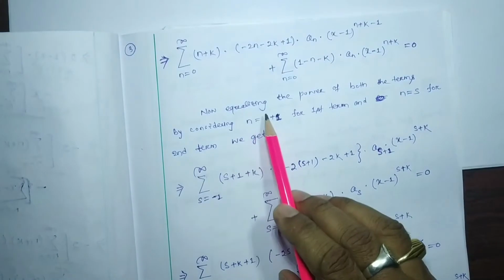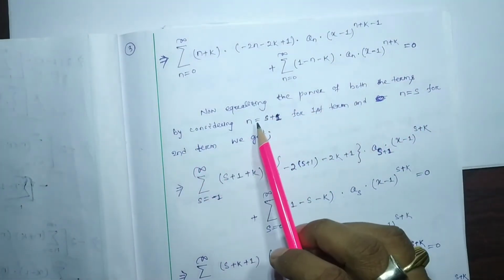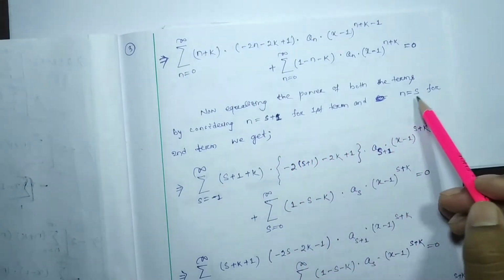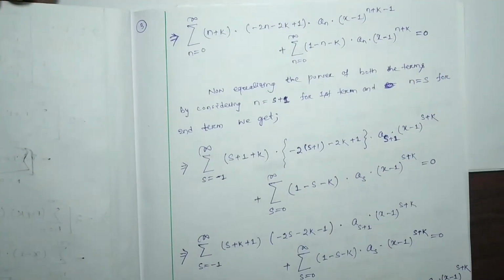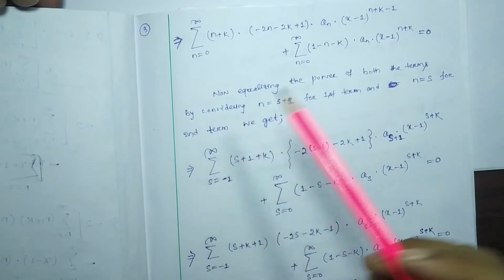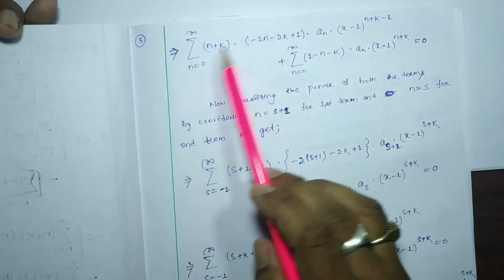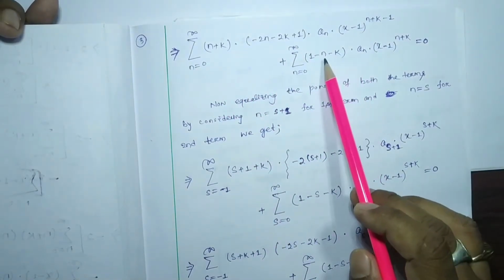Now equalizing the power of both the terms by considering n equal to s plus 1 for the first term and n equal to s for the second term, what can we get? So here, instead of n, we consider s plus 1 for the first term, and for the second term n equal to s.